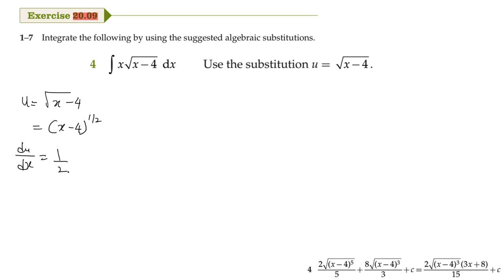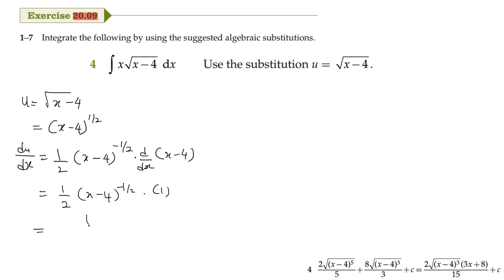So remember, bring down the power, minus 1. So half minus 1 is negative half. Then multiply by the derivative of the function inside the bracket. So simplify, you will have x minus 4 to the power of negative half, times 1. Therefore, you have 1 over 2 square root of x minus 4.